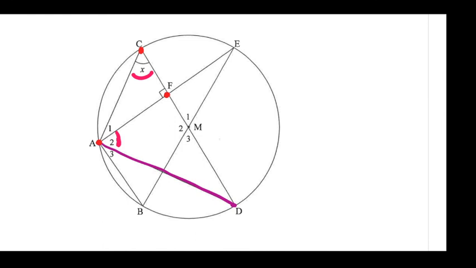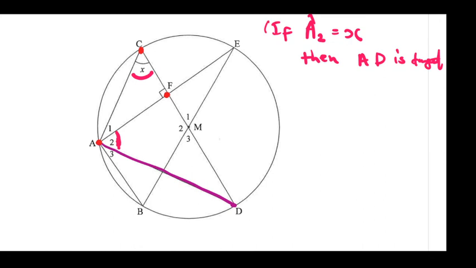How? Which means you must identify the angle A2, sorry. If angle A2 is equal to X, then AD is a tangent. Just note that statement. If A2 is equal to X, then AD is a tangent.